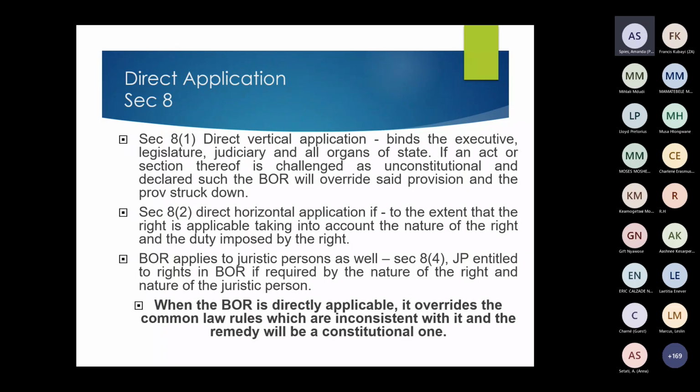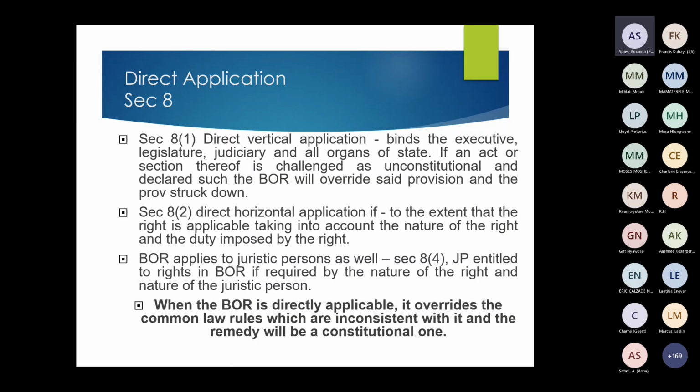So the text says it binds the executive, the legislature, the judiciary, and all organs of state. Okay, Section 8.2 provides for horizontal application. So it means all of us is also bound by the Constitution, obviously to the extent that the right is applicable, taking into account the nature of the right and the duty imposed by the right.